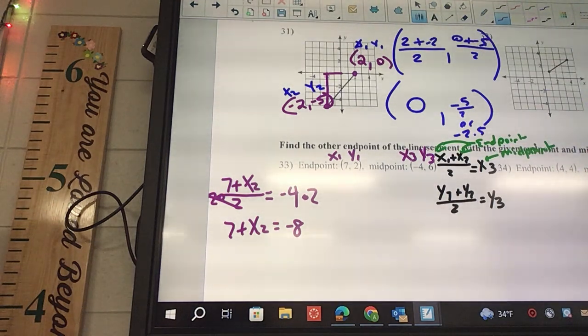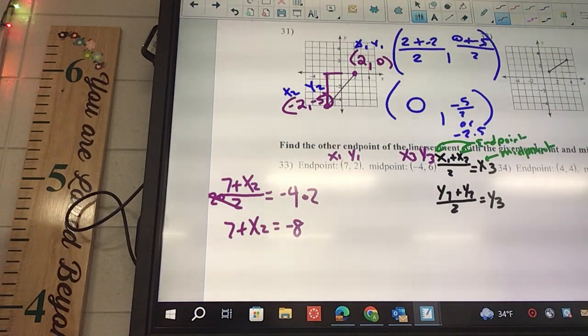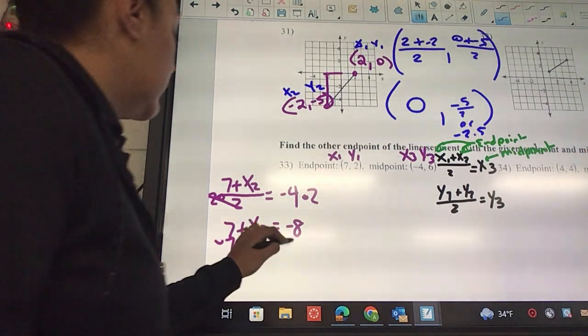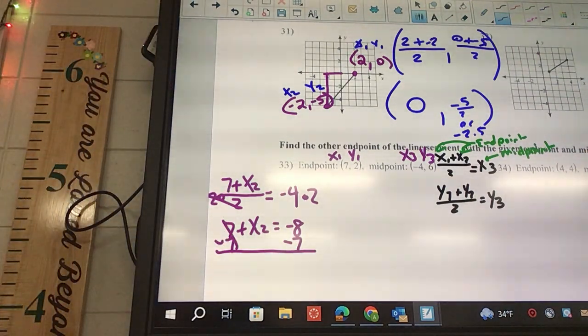And then what? Then what needs done? Okay, so the steps are always the same for these. You're gonna times by 2 and then add or subtract, okay? So we're gonna get negative 15.